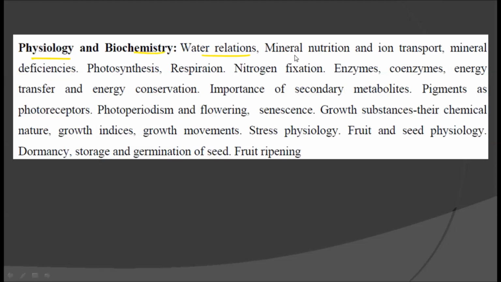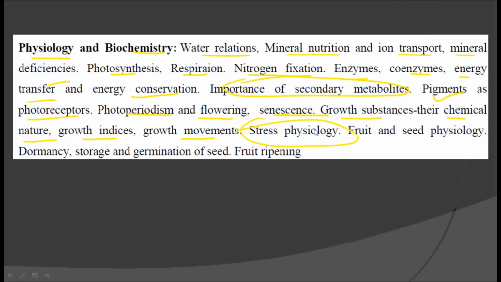The next chapter we have here is the physiology and biochemistry. In this, we have to study the water relations, mineral nutrition, ion transport, mineral deficiencies, photosynthesis, respiration, etc. Then the nitrogen fixation, enzymes, coenzymes, energy transfer, and energy conservation. Then the importance of secondary metabolites, then pigment as photoreceptors, then photoperiodism and flowering, then senescence, growth substance, their chemical nature, growth indices, growth movement.